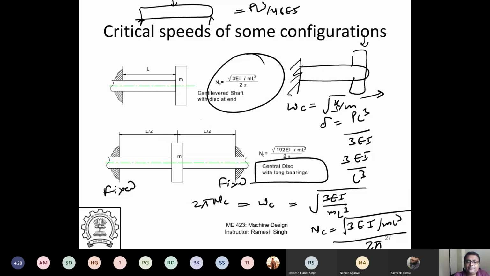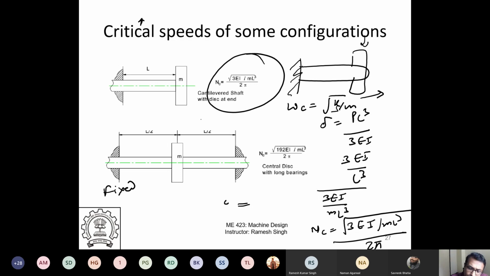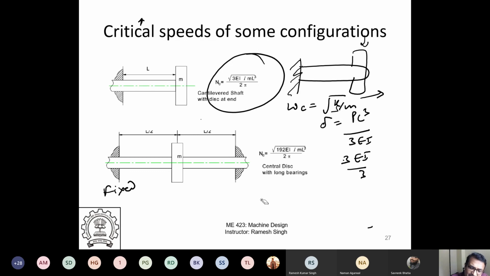You're right, it will be some constant times EI over L cube. If you see here, you get 192 for this kind of bearing, where you have long bearings and a central disc.